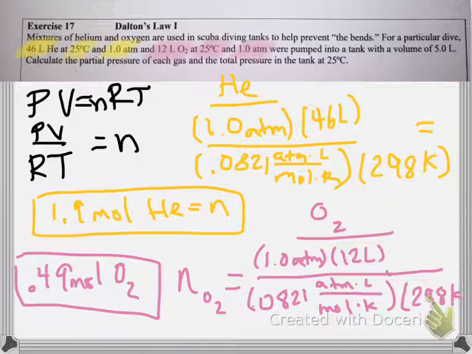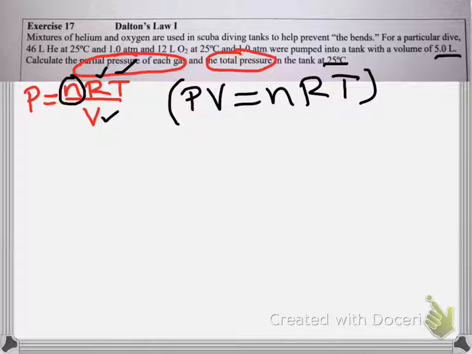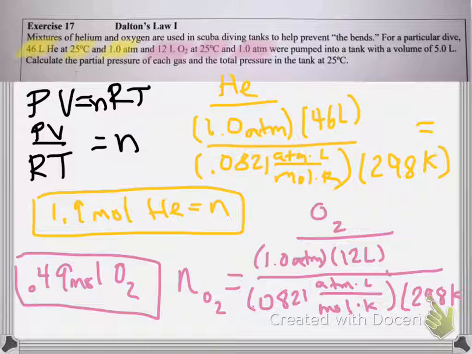So remember, we are trying to find the total pressure. We needed to determine our n in order to find our P total. So P total is going to equal the n, which is our moles, but since we're doing the total pressure, we would do our total number of moles. So we are going to add our 1.9 moles and our 0.49 moles.